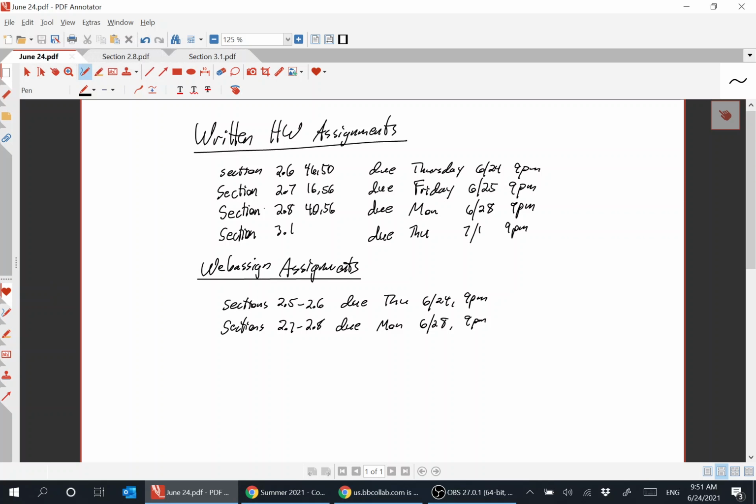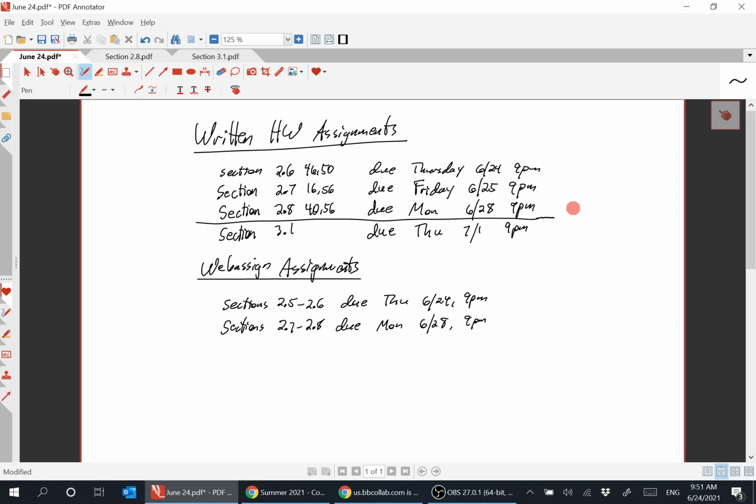Here's the current list of assignments. Tonight is due 2.6, the written assignment, and then the web assigned assignment for 2.5 and 2.6.